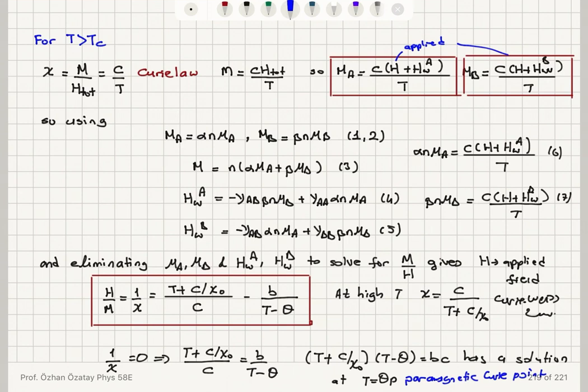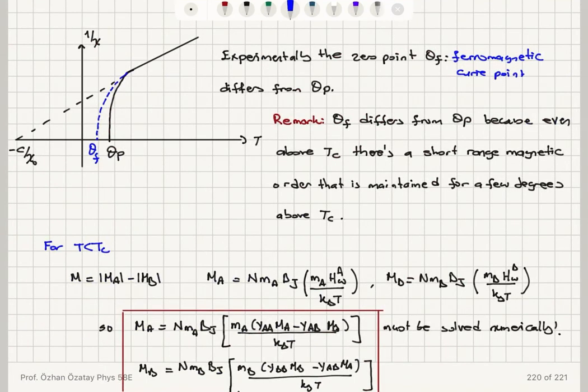If you solve these equations for M over H, we can see that 1 over chi equal to 0 gives us a paramagnetic Curie point, which differs slightly from the ferromagnetic Curie point due to the short range interaction that basically exists even above the ferromagnetic Curie point.